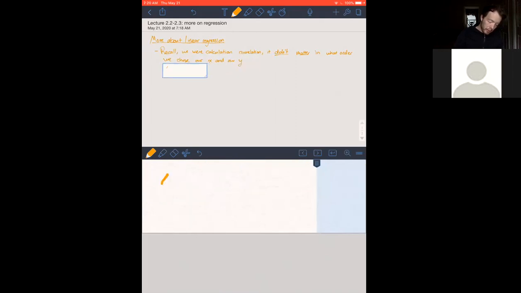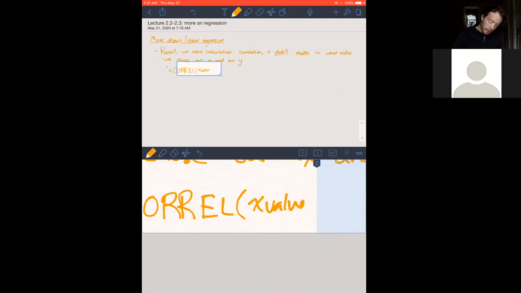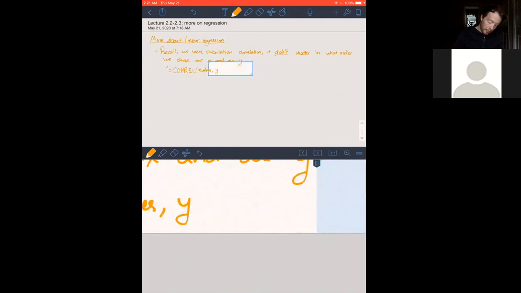In the case of how we've been calculating correlation, one, we can calculate it by hand. And two, we've been using this CORREL function. And you remember you put the x values and then the y values, close parentheses, press enter, and it'll give you the correlation between those two numeric variables.